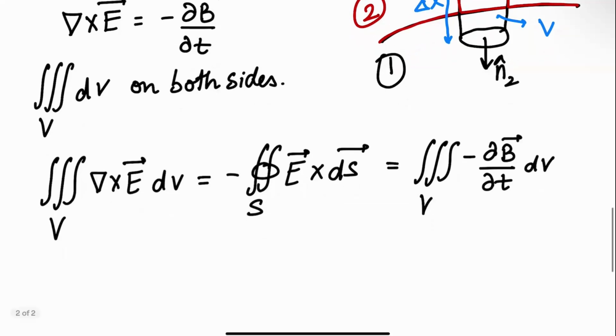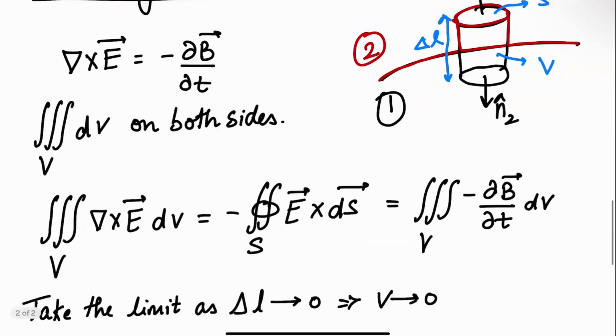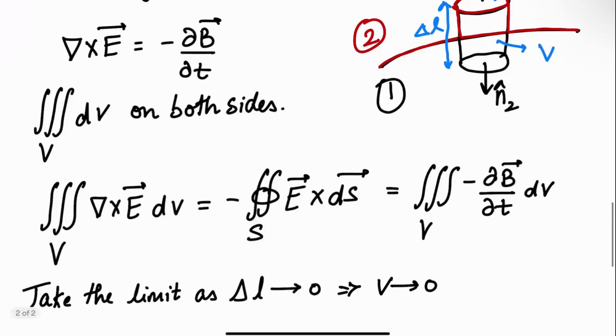Okay. So now we take the limit as delta L goes to 0, which is the same thing as saying the volume goes to 0. It's not exactly the same thing. Delta L going to 0 makes volume going to 0, but you can also send the volume to 0 by taking the disk and making the radius of the cylinder 0.